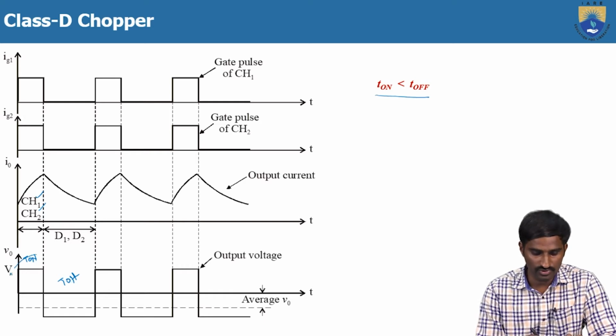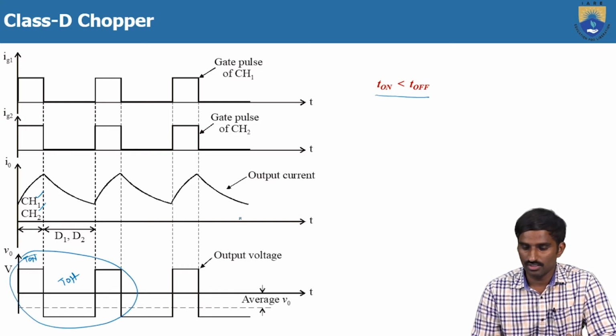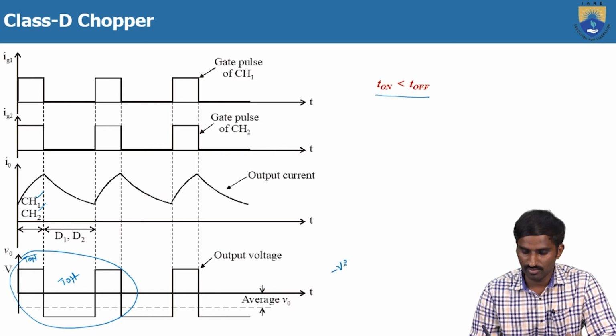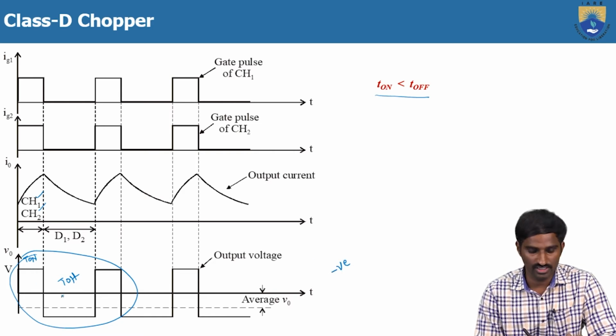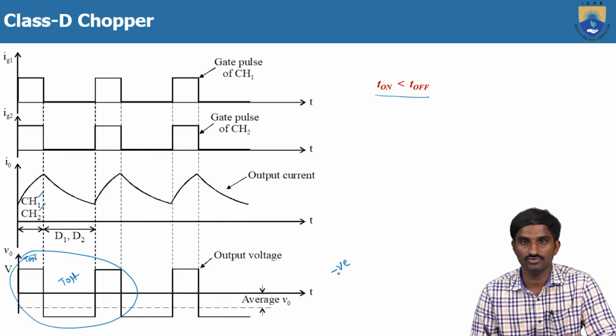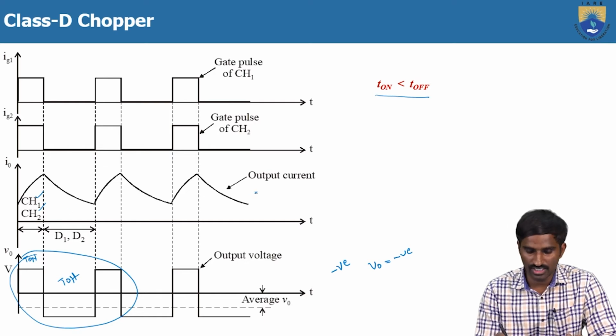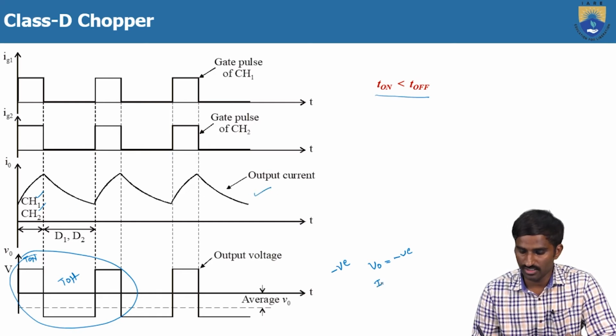If you take the average value of this output voltage waveform, it is always negative, because the T on period is less than T off. So V0 is negative, but the current I0 is still positive, which means this is the fourth quadrant.